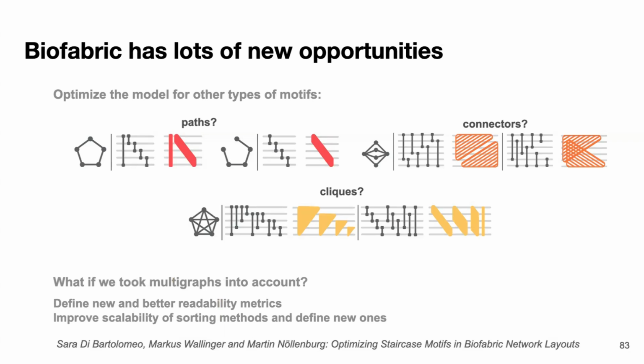And one of the interesting problems to me is also how do they look? How do I want to make them look? Like a path would look like that, right? If it's a closed path, we could add a line from the top line to the bottom line. A clique, how do I design a clique?